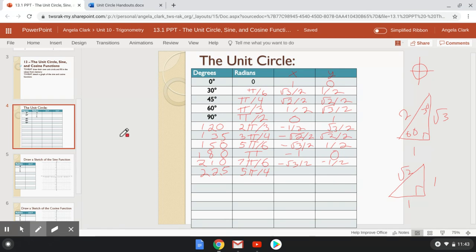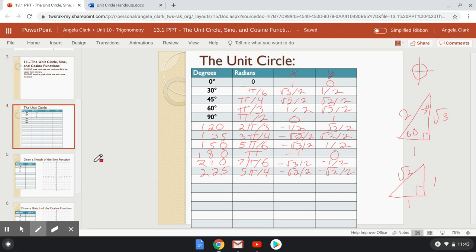And then again, it's a 45-degree angle. See the over 4, over 4, over 4. So it's going to be the square root of 2 over 2, but they're all going to be negative.